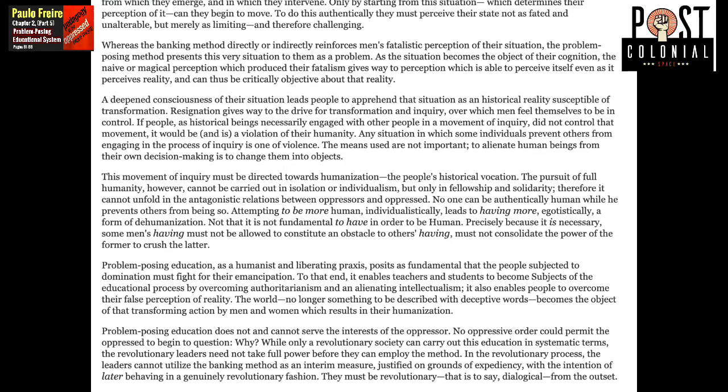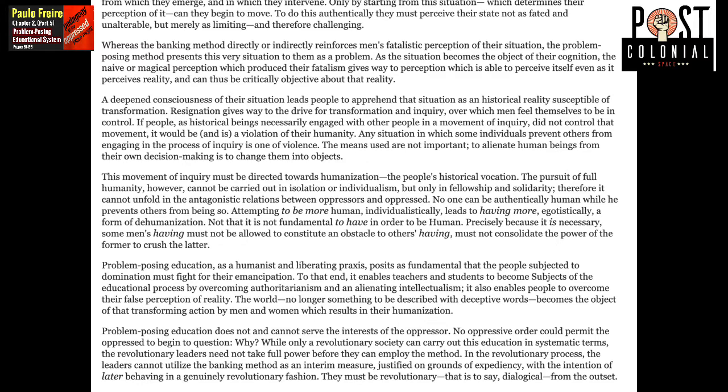It also enables people to overcome their false perception of reality. The world, no longer something to be described with deceptive words, becomes the object of that transforming action by men and women which results in their humanization.